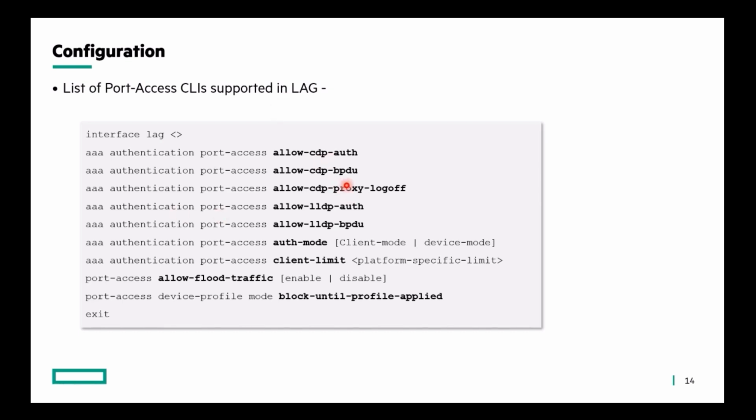As discussed earlier, there is the CDP and LLDP BPDU allow, and there are other configurations called allow CDP auth and allow LLDP auth. These are pre-existing configurations. Previously, they were supported only on the physical L2 ports. Now they will be supported on the interface LAG level as well. These configurations restrict whether we want to do the authentication via LLDP or CDP or not. By default, they are enabled.